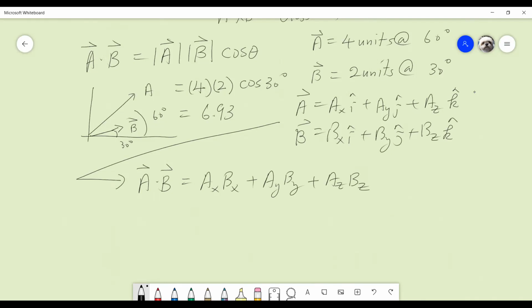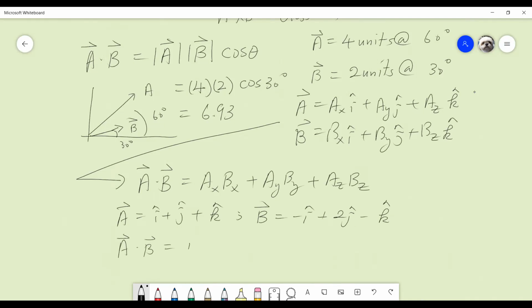Now, let's say an example, right? A is i plus j plus k. B is negative i plus 2j minus k. Then what is A dot B equal to?